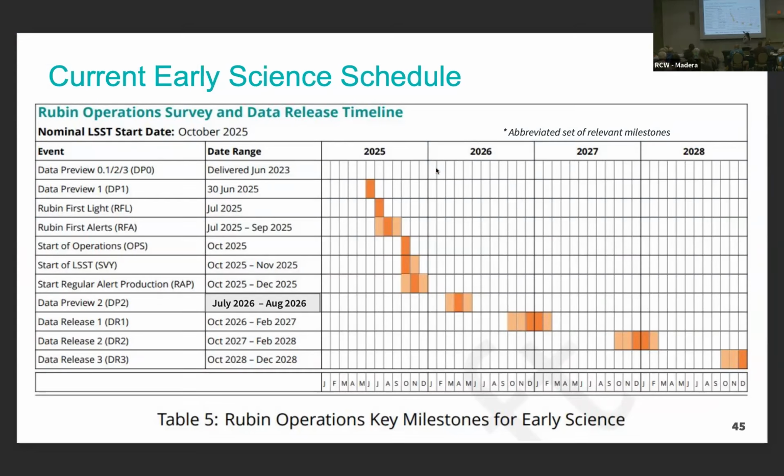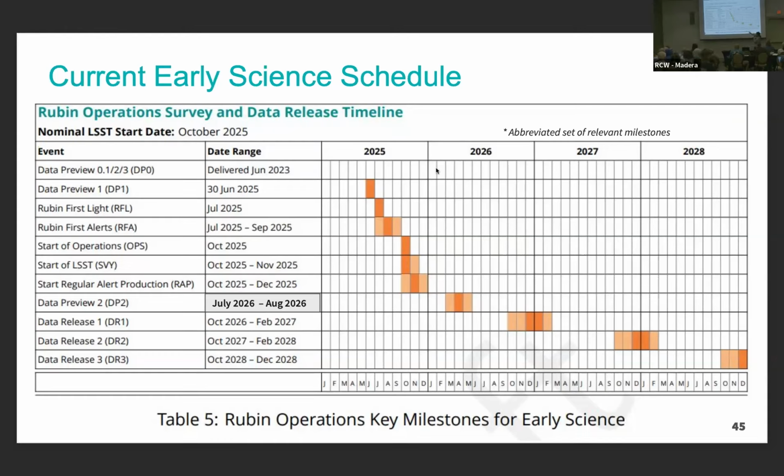And then data preview 2 was originally scheduled for early March to May 2026, but in fact, we know now that it's going to take us longer to do that. And our current estimate is more like July to August 2026 to do DP2 based on just the SV data. Then not long after that, we've got data release 1, which was scheduled for late 2026.